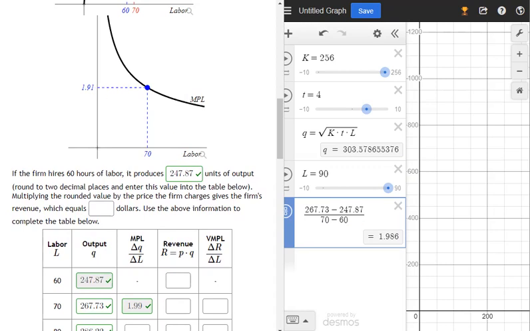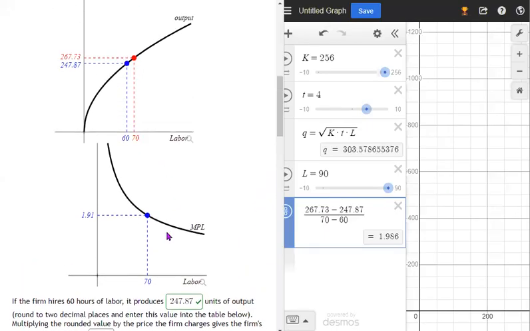That's what this is graphing here. And what that means is the slope at 70 here, you can think of this as the slope. The slope at 70 is 1.91. Now, technically, mathematically, 1.91 is a slope between the blue point and the red point. This is what labor was. This is what labor demand is.